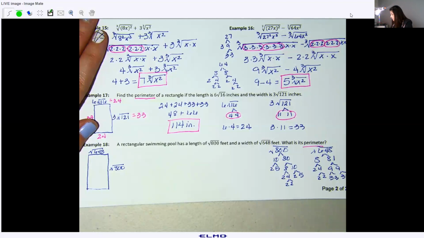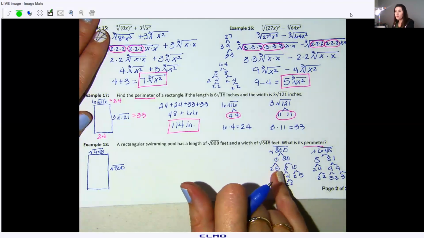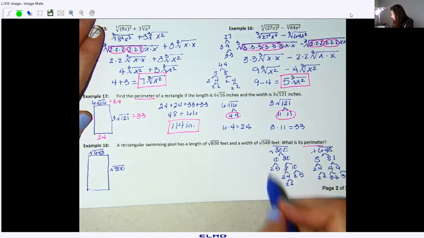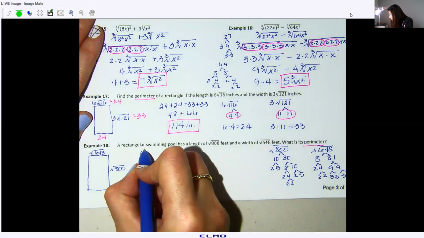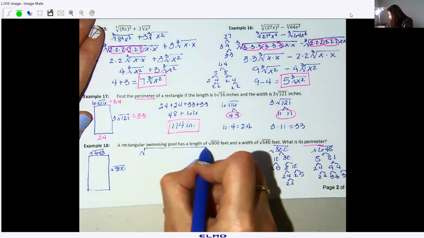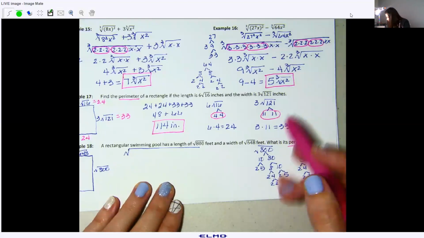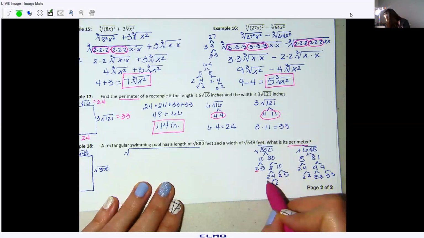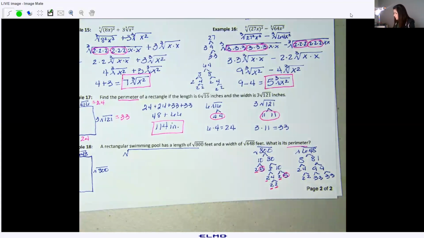So I need to figure out what the radical turns into here. So I'm going to take my square root of 800 and write it all out right here. So I have 1, 2, 3, 4, 5 2s, and then 2 5s.